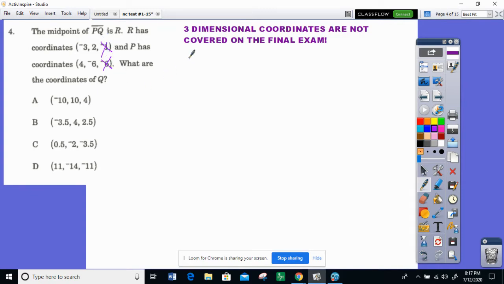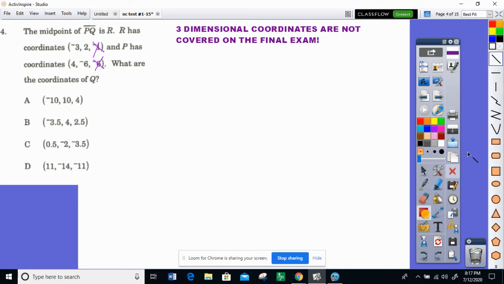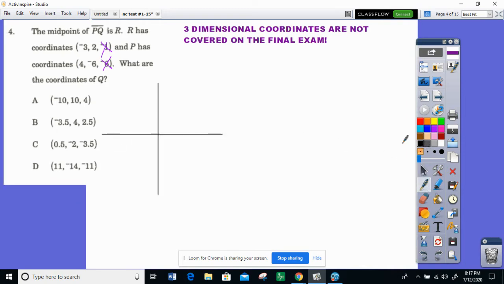Okay, so we could sketch out a graph for this. So here's our XY coordinate grid. So R is at -3, and this is just going to be a sketch. This is by no means going to be perfect.